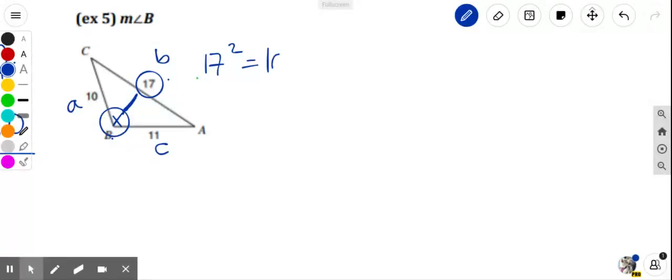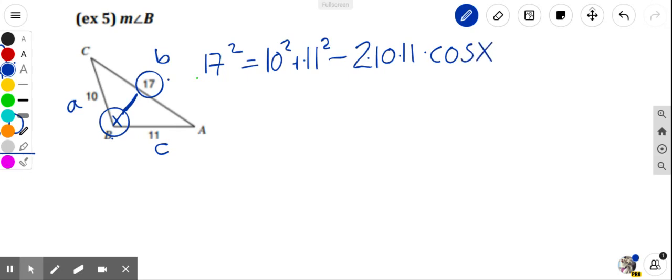So it's going to be 10 squared plus 11 squared minus 2 times a times c, which is 2 times 10 times 11 times cosine of x, because that's the angle this time. Okay, so again, you're going to want to do your exponents first.